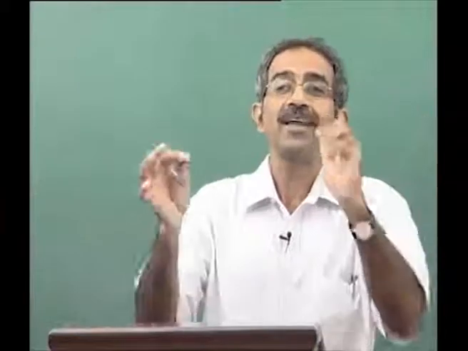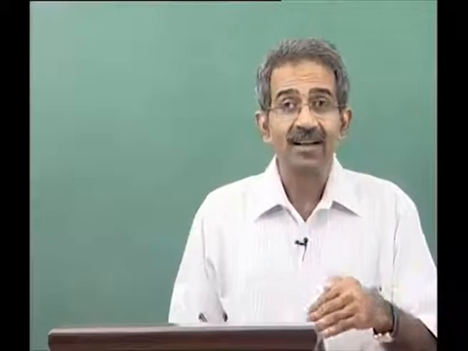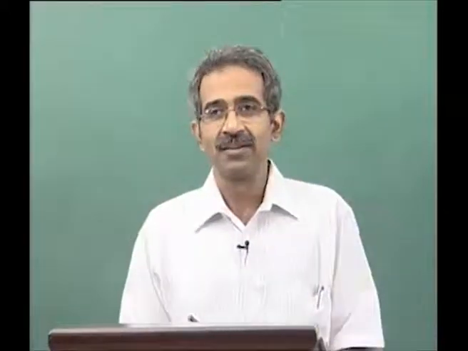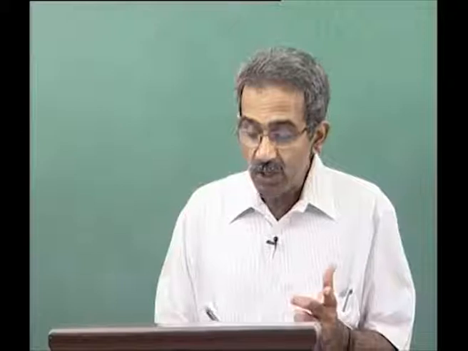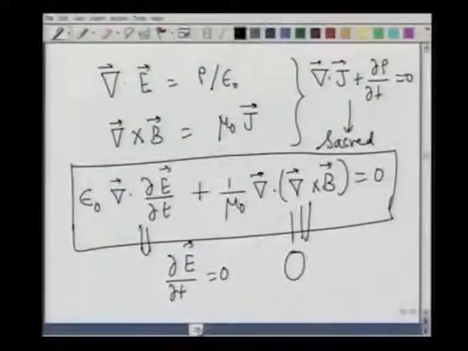Now, we can put all the pieces of the jigsaw puzzle together and ask whether I can admit such a situation where a time dependent electric field can actually produce a magnetic field, such that electromagnetism as written by Maxwell's equations would be consistent with the conservation of charge. That is the mission that we have. The answer to that is very clear, because all that I have to do is to look at my previous thing. I have divergence of delta E by delta t, I have mu naught J.